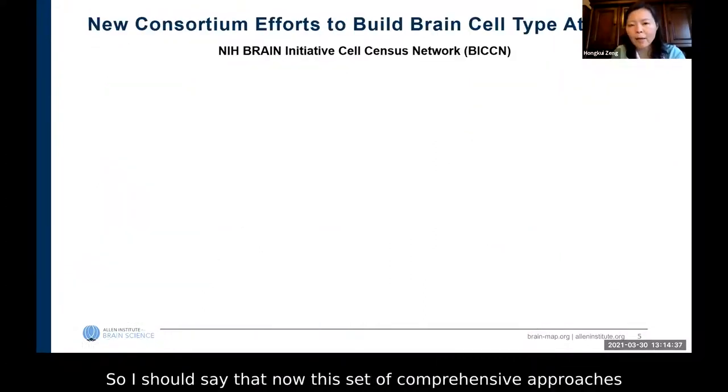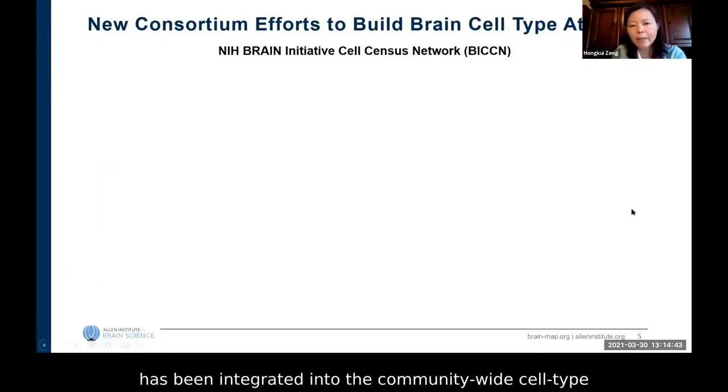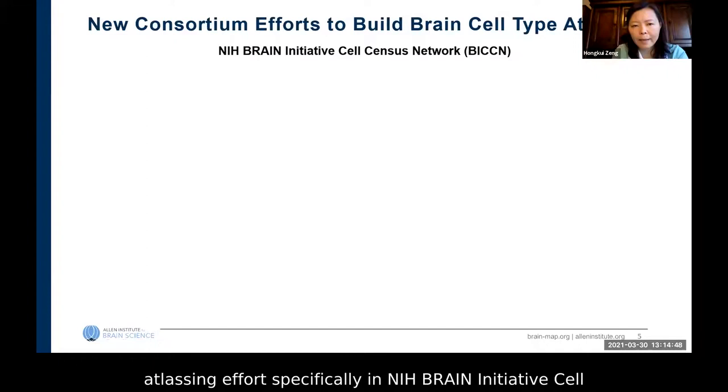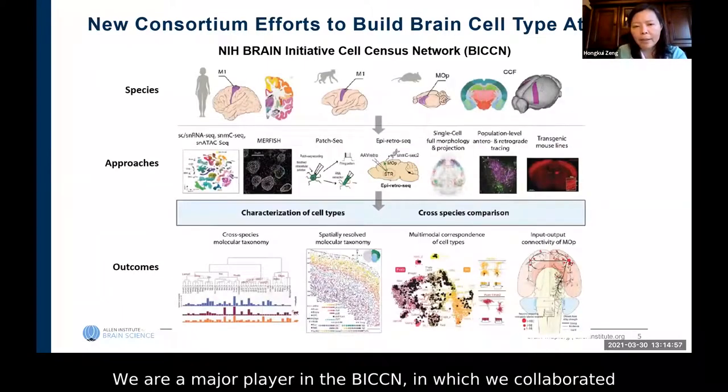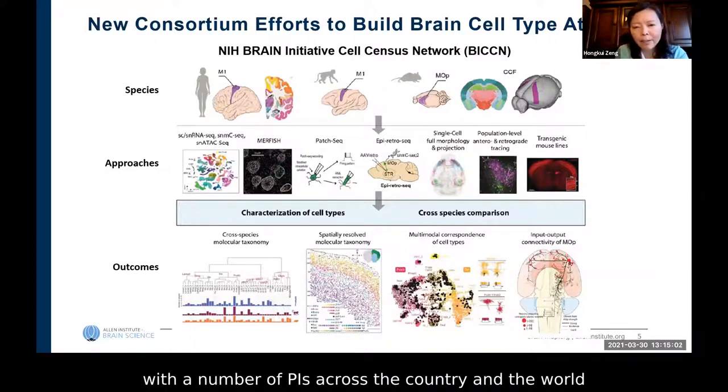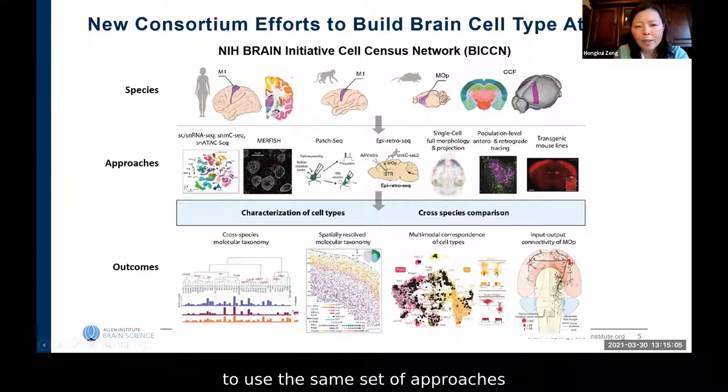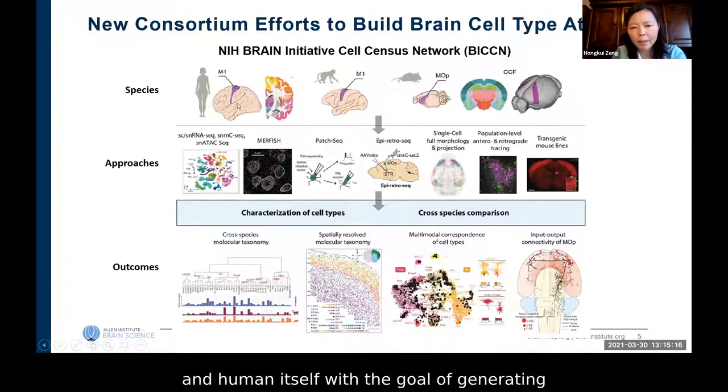So I should say that now this set of comprehensive approaches has been integrated into the community-wide cell type atlasing efforts, specifically in the NIH Brain Initiative Cell Census Network. We are a major player in the BICCN, in which we collaborated with a number of PIs across the country and the world to use the same set of approaches that I just told you about to profile cells in several different mammalian species, including mouse, non-human primate, and human itself.